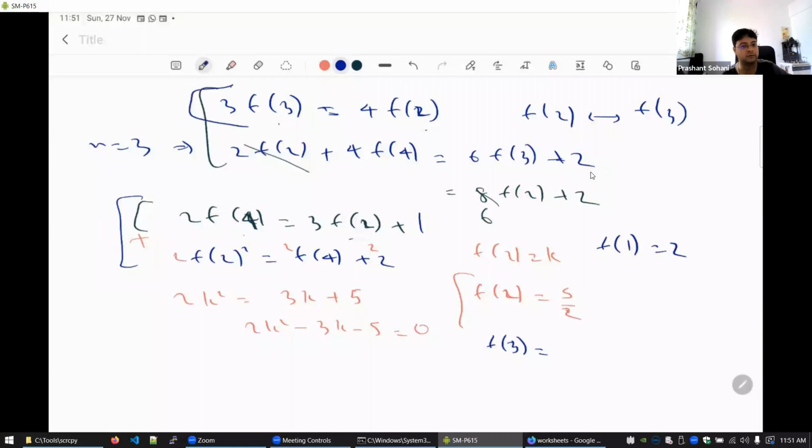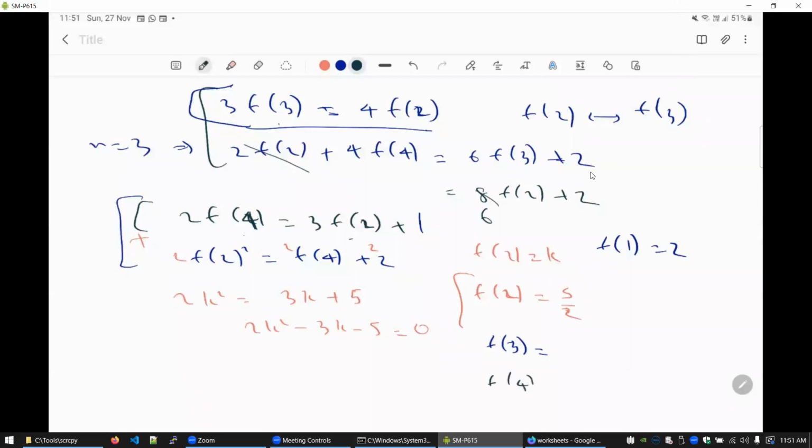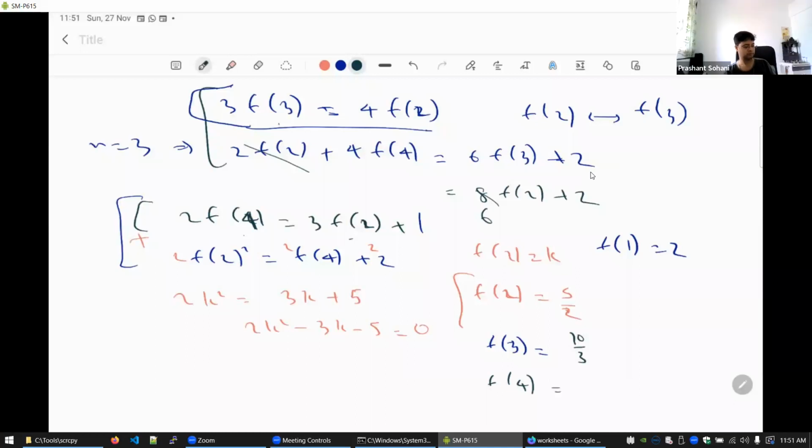From this equation we can find f of 3, which is 10 by 3. And f of 4 would be 15 by 2 plus 1, which is 17 by 4.